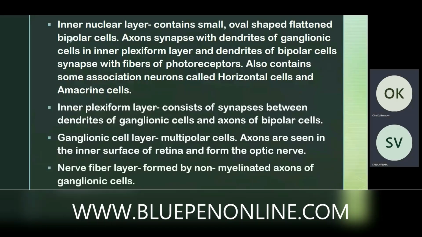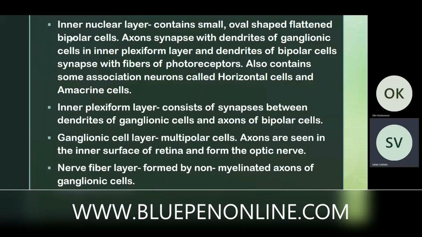And this ganglionic cell layer and nerve fiber layer together form the innermost part of the retina. We can say it as the sensory retina. Okay, it is these layers, that is the inner nuclear layer, inner plexiform layer, ganglionic cell layer, and nerve fiber layer that form the areas of the sensory retina.